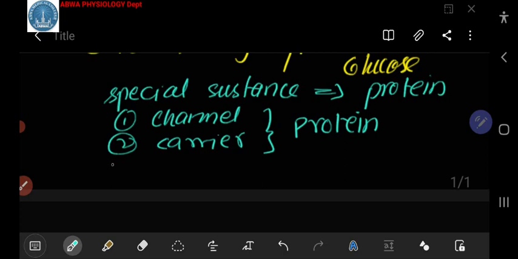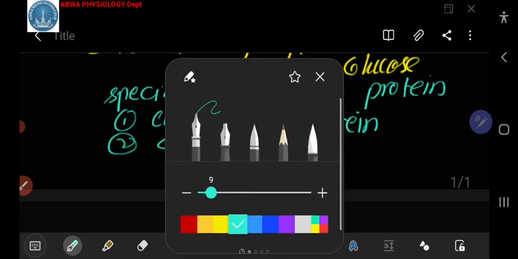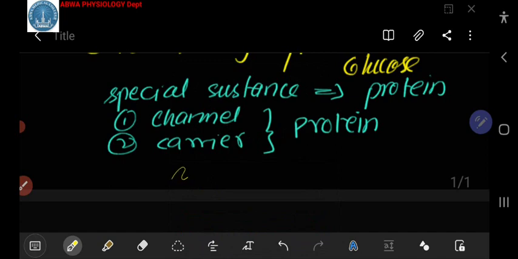Besides these proteins, there is a specialized pumping system that may be called an active pump mechanism.